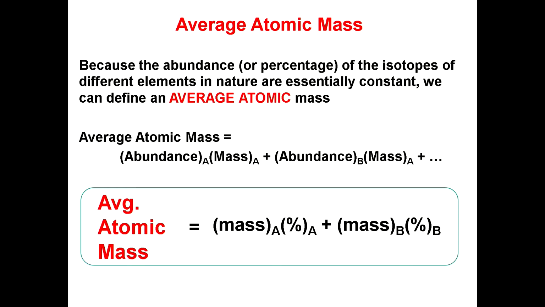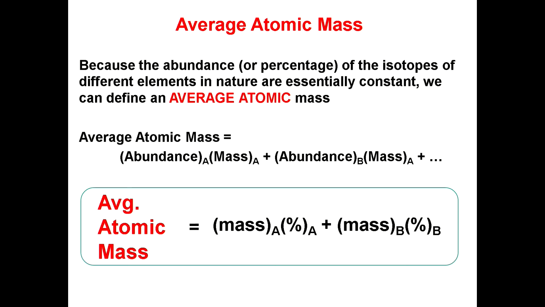Okay, because one element can have different atoms, like isotopes, how do we calculate the atomic mass?